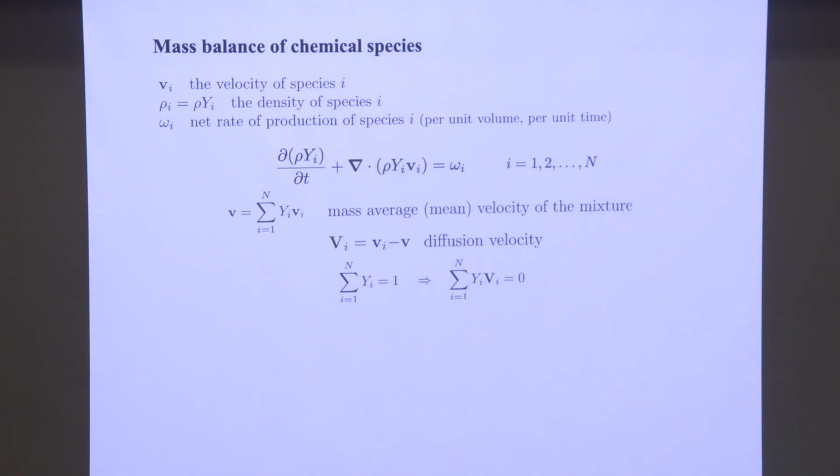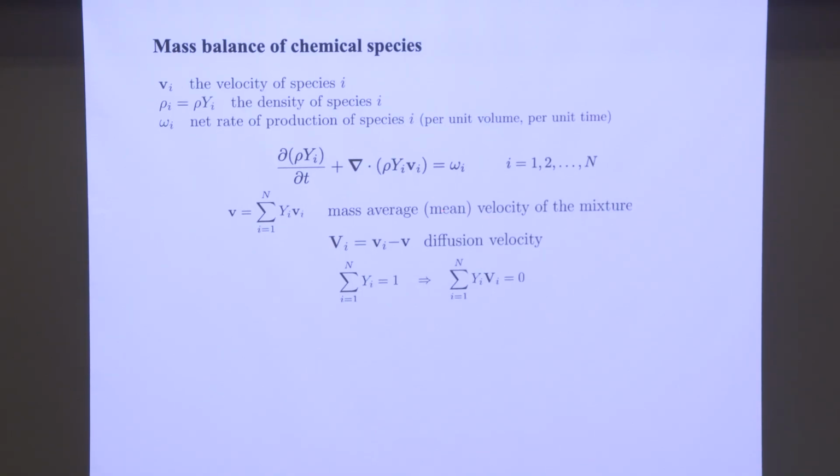Now, I said that each species moves at a different velocity, but the bulk also moves at some velocity. So v_i moves relative to the bulk at a velocity that we refer to as a diffusion velocity, which I denote by capital V_i. Species i moves at a velocity v_i relative to the bulk, which moves at a velocity v. The bulk velocity is defined proportionately to the mass fraction, so v is the sum of y_i v_i by definition.